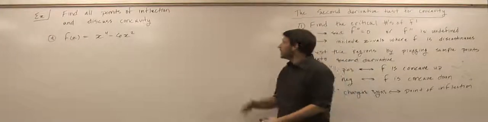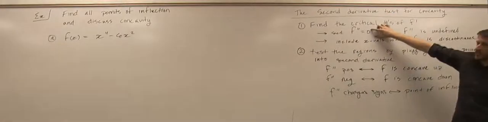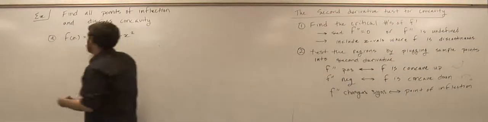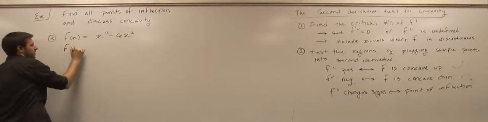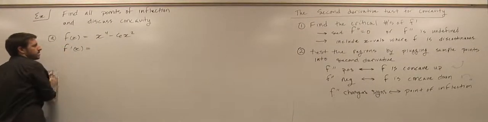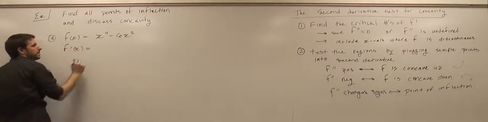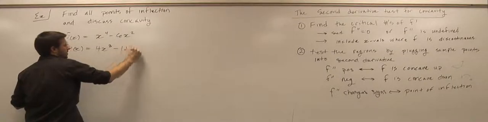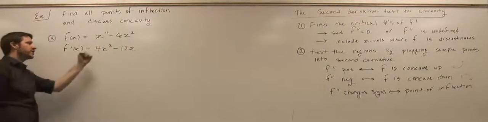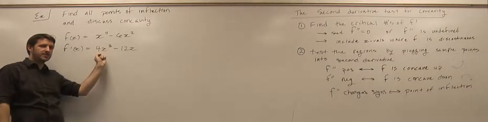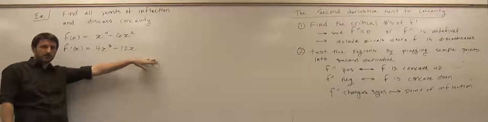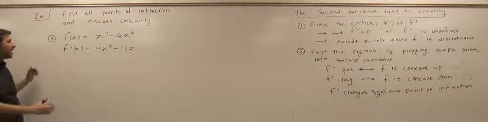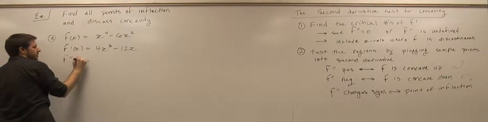You're going to need to get your second derivative, so you start with your first derivative. f prime is going to be 4x cubed minus 12x. Now, if I were looking for increasing, decreasing, or relative max, relative min, I'd set this equal to 0. But I didn't ask for that, so I'm not going to waste my time. I asked for concavity, so I'm going to move on to the second derivative.